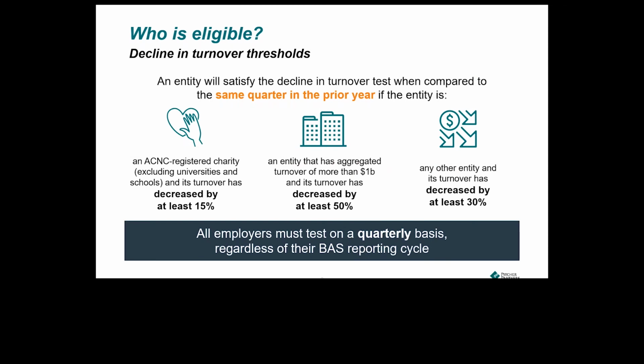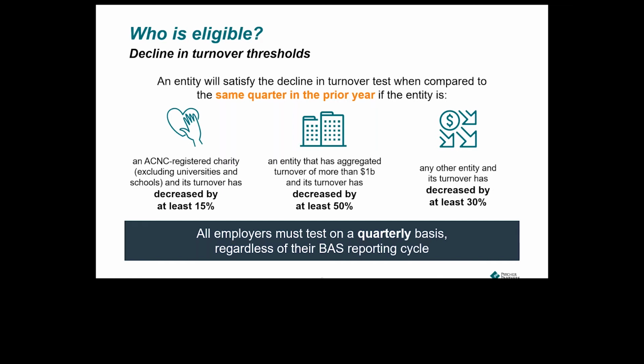So moving on to the decline in turnover testing, the relevant decline in turnover thresholds are not changing from JobKeeper 1.0. So the thresholds that apply under JobKeeper 2.0 are the same as the thresholds that applied under JobKeeper 1.0.